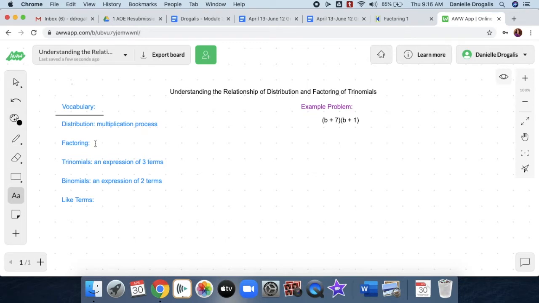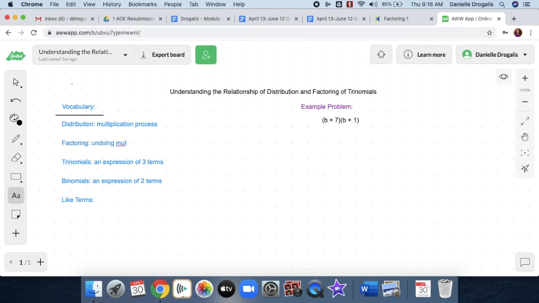So distribution is something you've been practicing a lot. We're doing an elongated distribution here by making sure we have all of our pairs created. Factoring is where we are undoing the distribution.